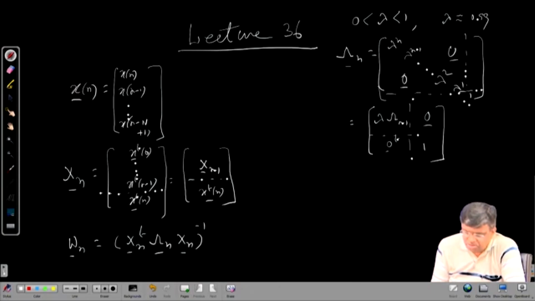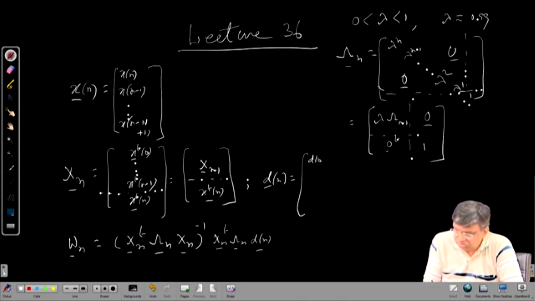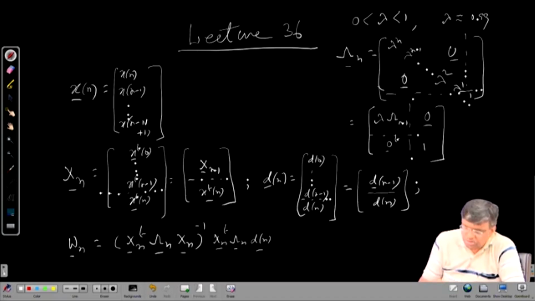Under that we have d n. D n is the desired response vector. If you take out this part, it is the d n minus 1 vector and then a scalar. Okay, these are the things.